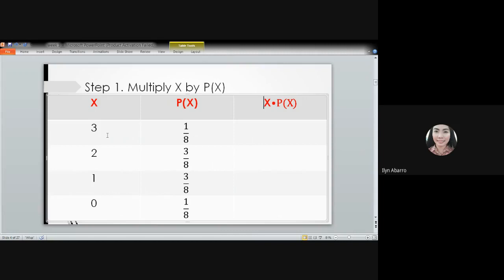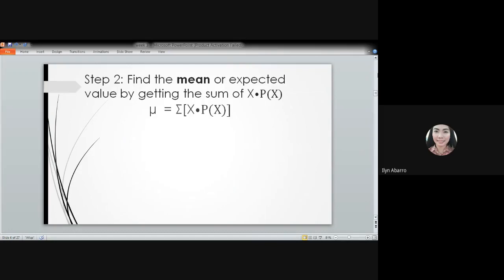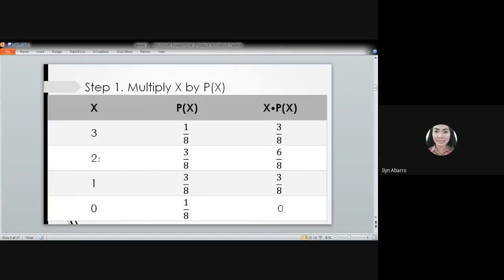So, that is 3 times 1/8 is 3/8. And then 2 times 3/8 is 2 times 3 is 6/8. And 1 times 3/8 is 3/8. And then 0 times 1/8 is 0. Okay? And anyway, any number multiplied by 0 is equal to 0.